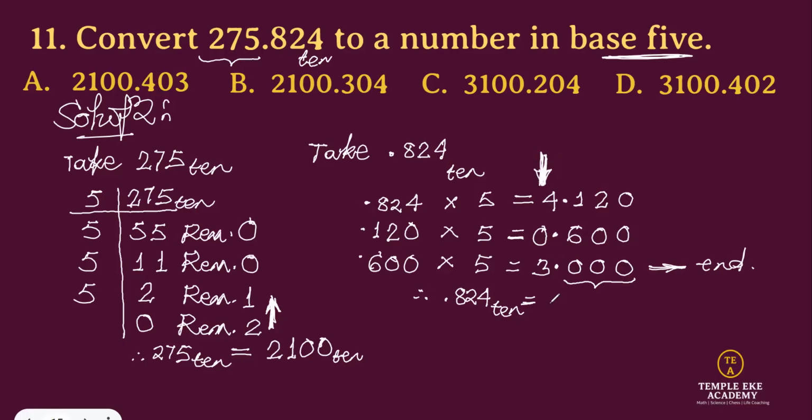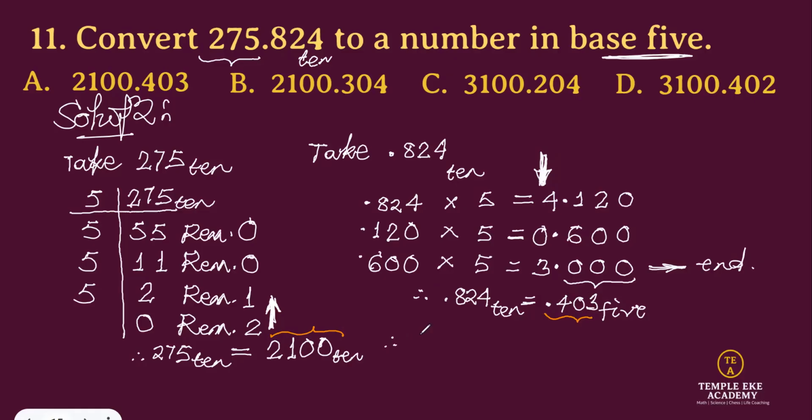So we have a point, because we're dealing with a decimal, 403, now in base 5. That's right. In the final analysis, we join the whole number part and the decimal part. The whole number part, 2100, as obtained, links up with the decimal part, 0.403, to form the full answer.